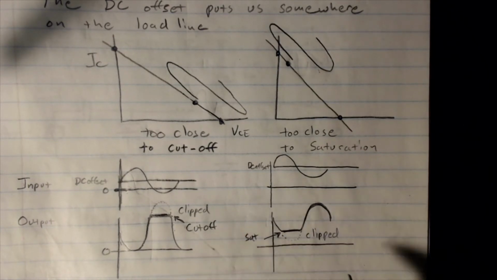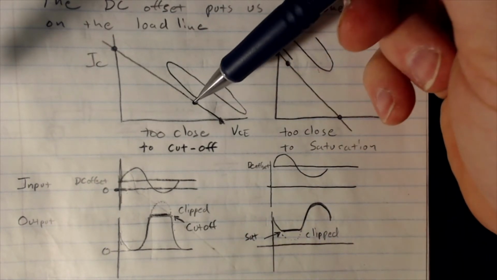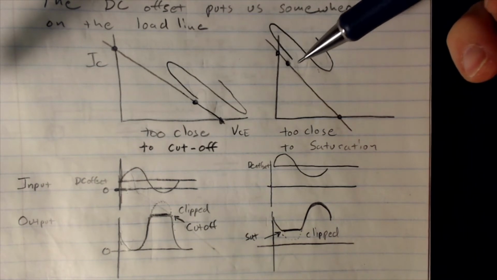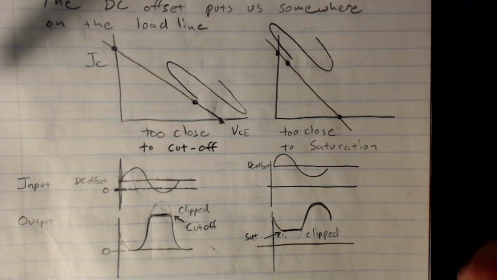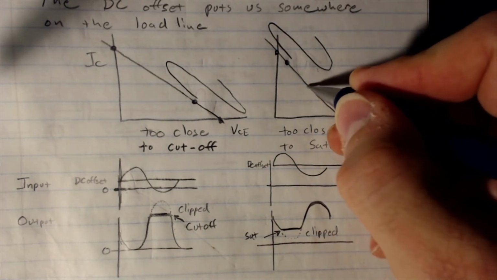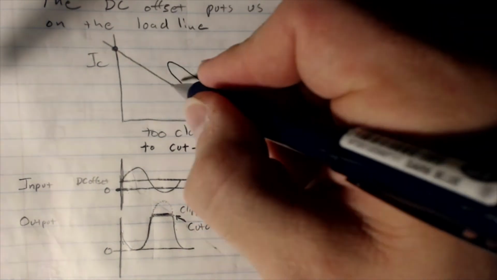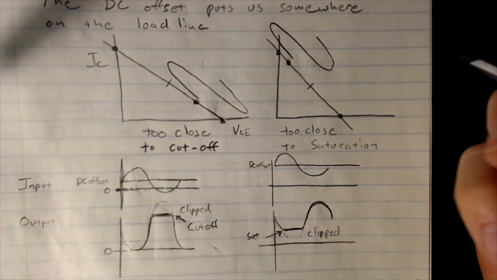So something to keep in mind, and also showing the usefulness of this load line, we really want to start out with our Q point being right in the center.